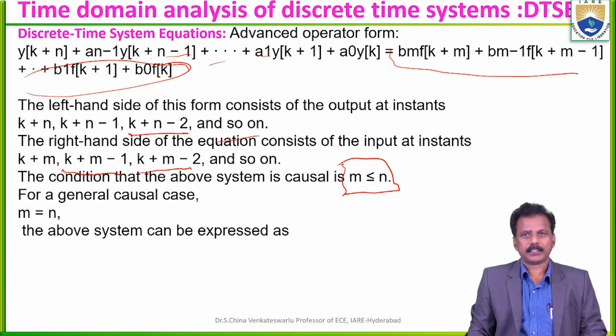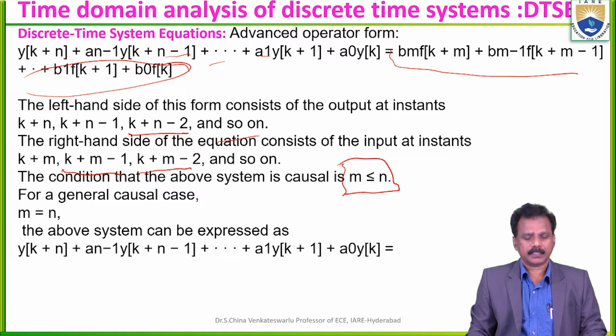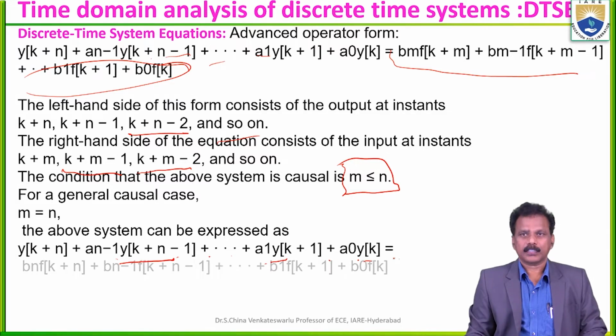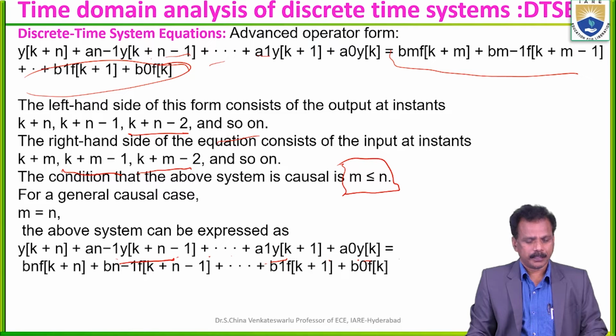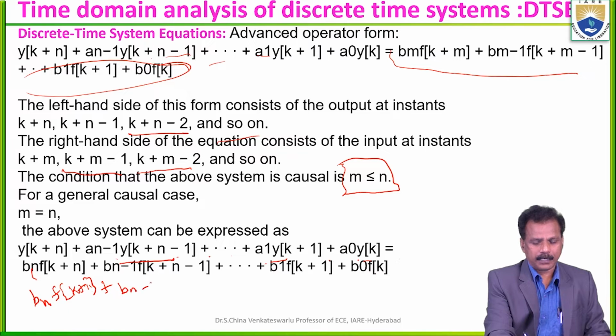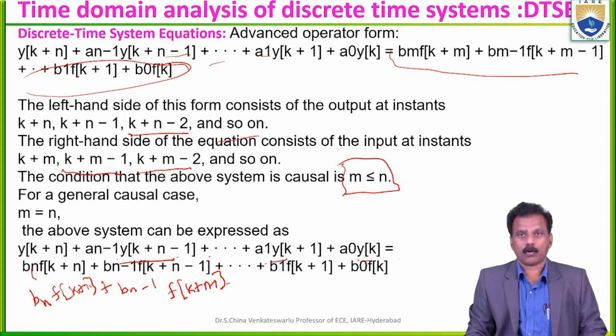After that, the above system can be expressed as y of k plus n, plus a n minus 1 y of k plus n minus 1, and so on, plus a1 y of k plus 1, plus a naught y of k, is equal to b n f of k plus n, plus b n minus 1 f of k plus n minus 1, and so on.